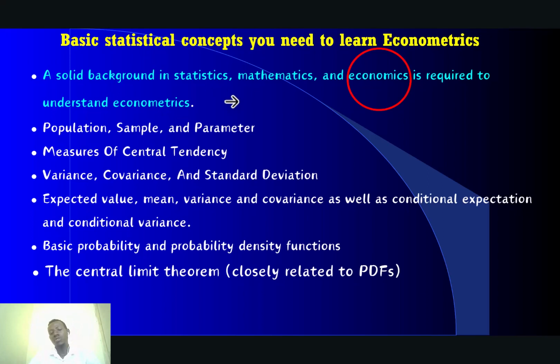All of this should be reviewed before starting to learn the course econometrics, because they are a basic foundation for this course. You also need to look at basic probability and the probability density function. It's also required. Central limit theorem. This one is also related to the probability density function, but you need to review them and capture some knowledge of these concepts, otherwise it will be difficult to proceed with the remaining chapters.